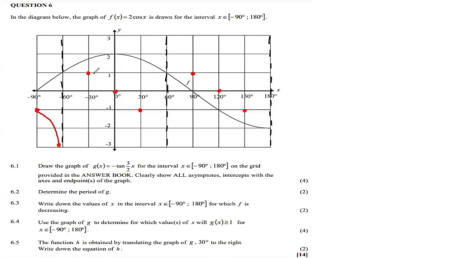So this must start from below here, and then it will go like this, forming that S shape. It's just a matter of plotting. Since it ended below here, it needs to start up there. Joining this, you just form a nice, smooth curve, and just like that, you have your tan graph. This is your graph of g. That's all you needed to indicate.